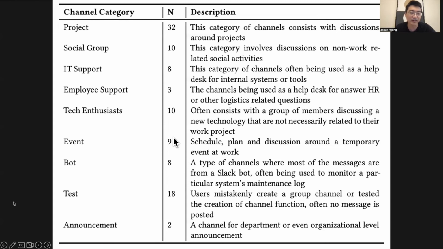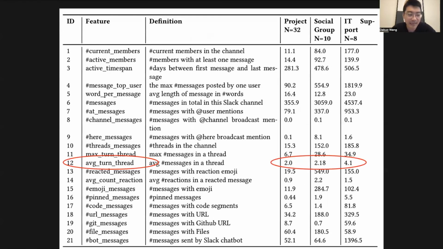There are also various other distinctive characteristics for the other channels. The second part of the result is related to these 21 features, as I mentioned earlier. Here in this table, I'm only listing these 21 features as the rows, and the columns are only 3 categories of the group chats.